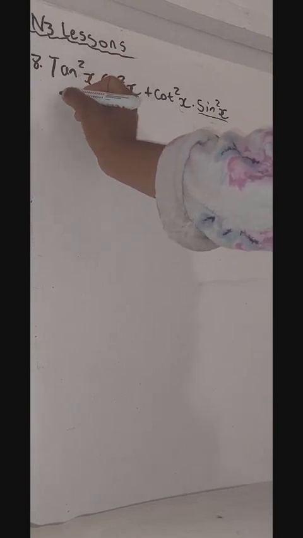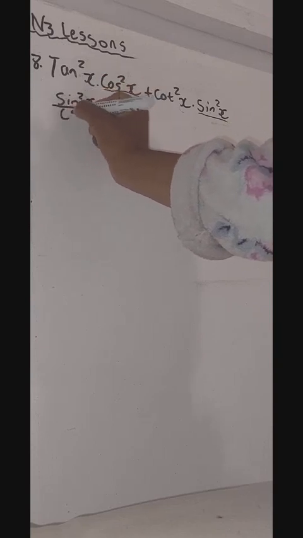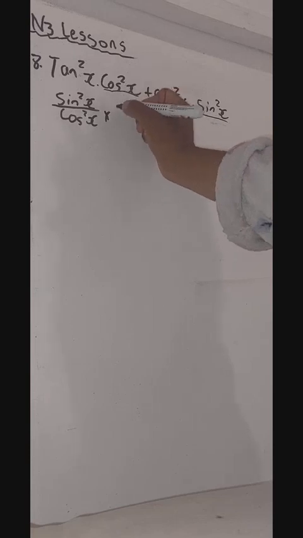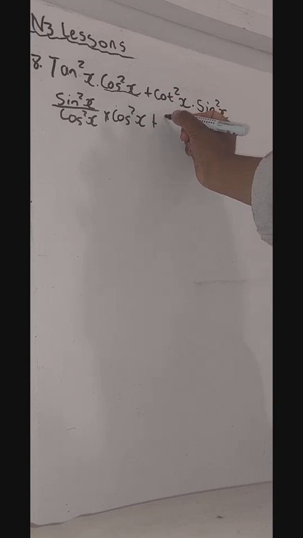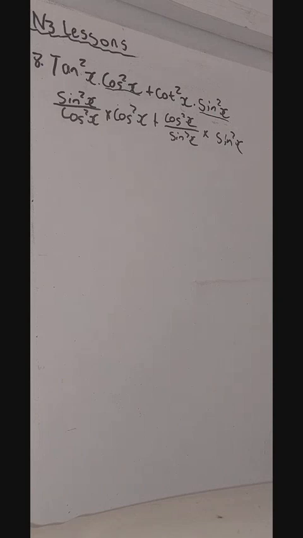Which can be sine squared x over cos squared x, which we have to times by cos squared x, and plus cot is equal to cos squared x over sine squared x times sine squared x. You see, we start with the ones that are independent, that we cannot change.